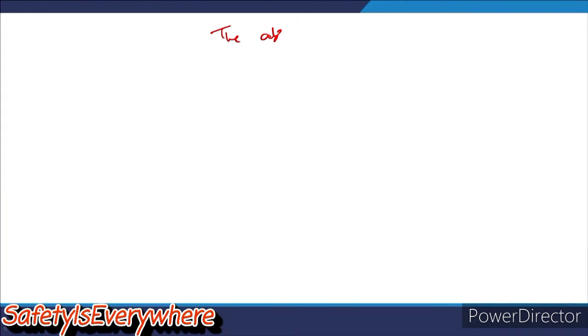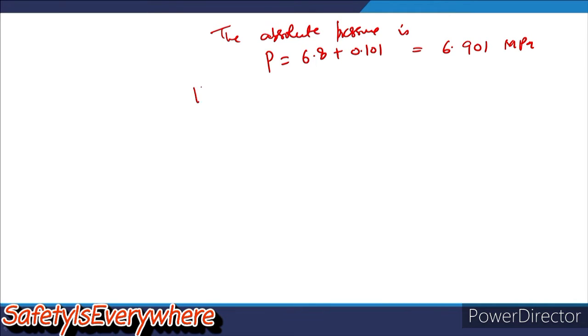Now the absolute pressure is given by P is equal to 6.8 plus 0.101, which comes out to be 6.901 megapascal. Now you can determine the UFL at a given pressure by this particular equation: the standard UFL plus 20.6 log (P plus 1).